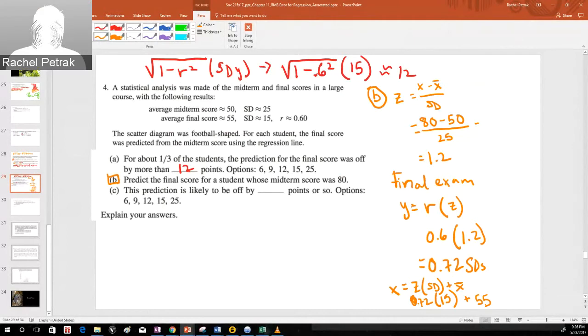Yep, so they're about 10.8 points above the mean, and that would be a score on the final of about 66 points, or precisely 65.8.